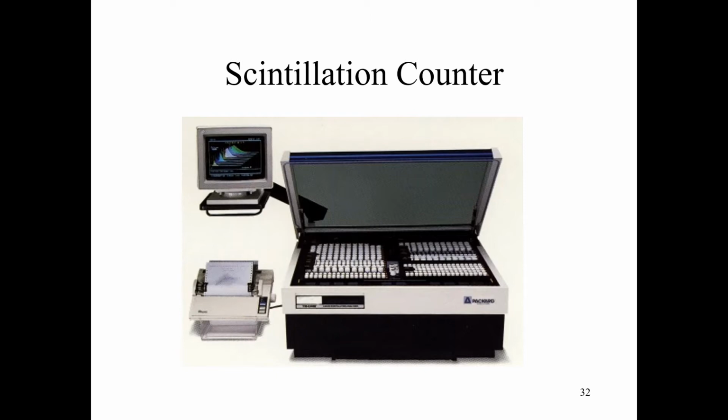Now, actually, there is a way you can do the same thing without using a scintillator. For example, the isotope phosphorus-32, P-32, is a high energy beta emitter. So in this case, you can actually count the activity without having to put a scintillator fluid in there.